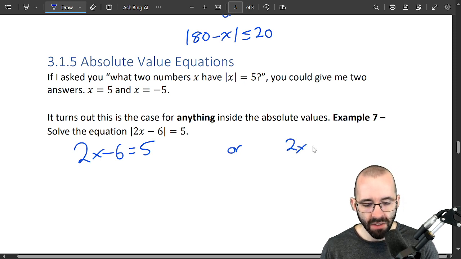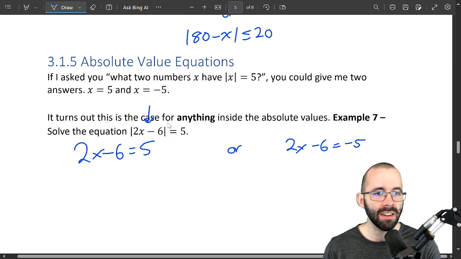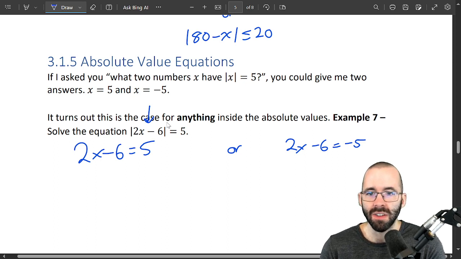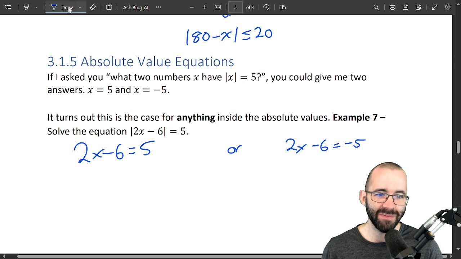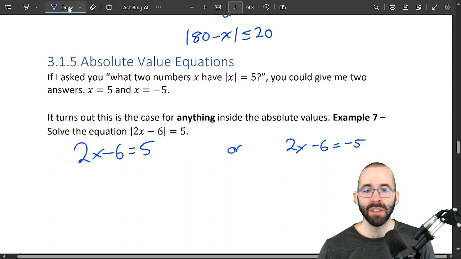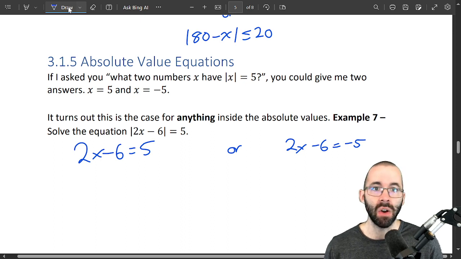Or, if the inside was negative 5, then we'd have the absolute value of negative 5 right here, which would also satisfy the equation. And this is true as long as the right-hand side is positive. We'll get into that after this question. So there's going to be two answers in general for a lot of these. We know how to find them.